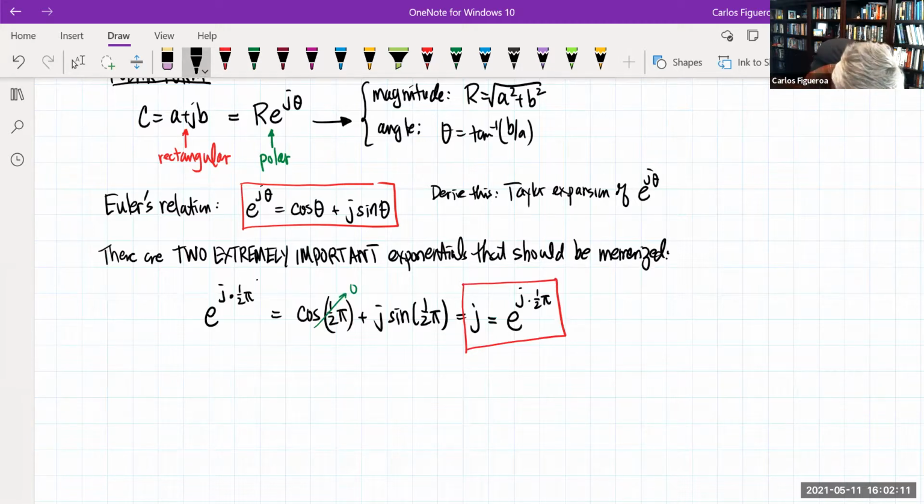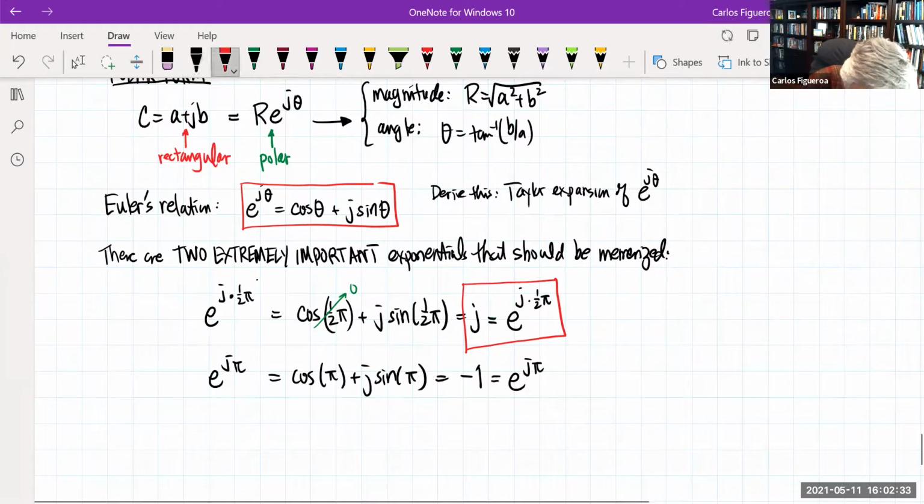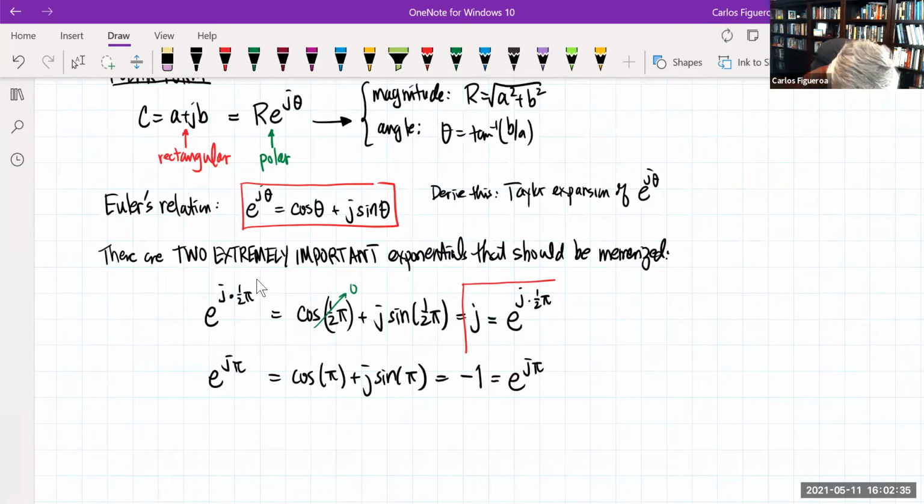And the last one is e to the j pi. When I plug this in, you get cosine of pi plus j sine of pi, and you can see immediately that you're going to get minus 1. Minus 1 turns out to be very important in phasors.